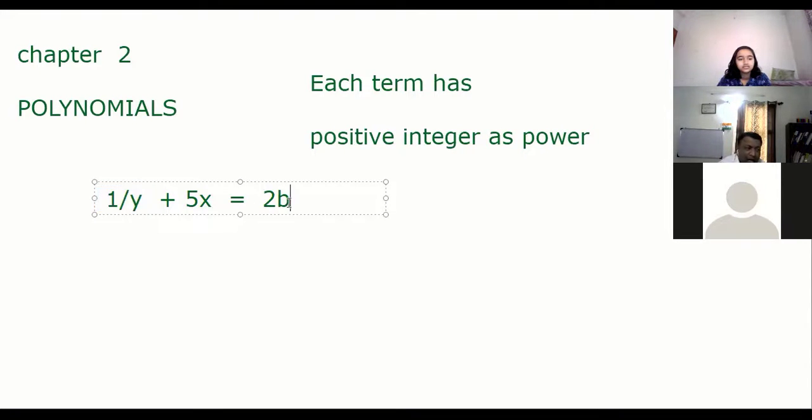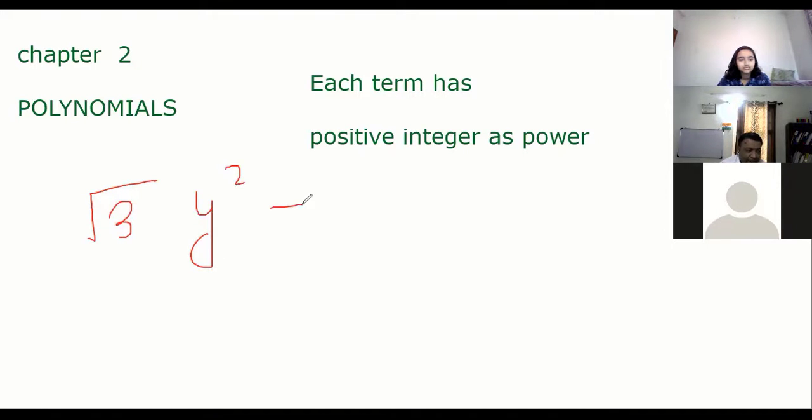Now, what about this? If I write root 3 y square plus 5y minus 7 equal to 0, is it a polynomial or not? What do you say?